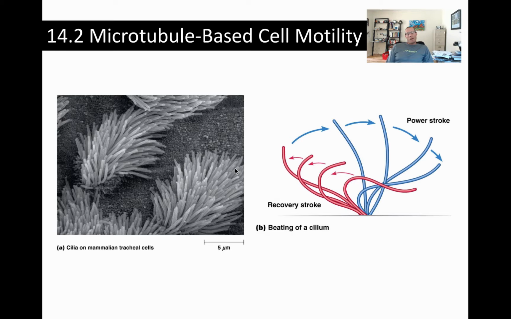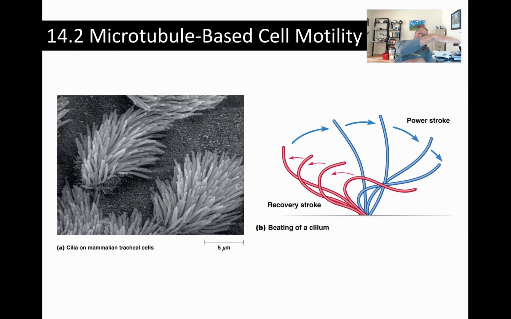The cilia display an oar-like pattern of beating, and that lets them generate a force that's parallel to the cell surface. So the cilia in a tuft will twist back and then push forward. That's the recovery stroke, and the power stroke is pushing that way. Then we have the recovery stroke, and then the power stroke pushing fluid.